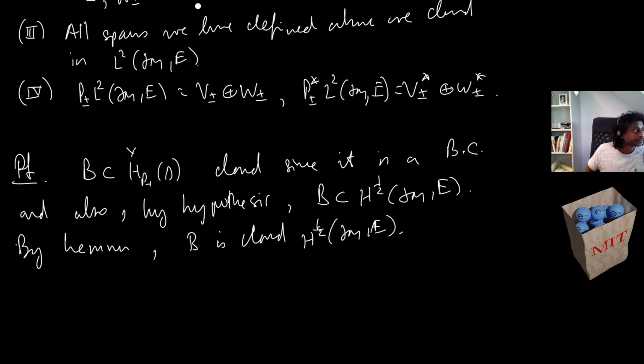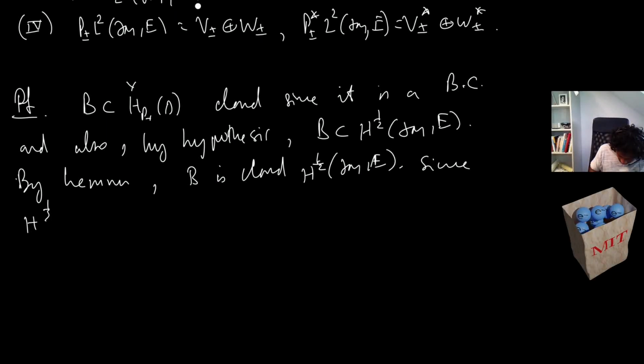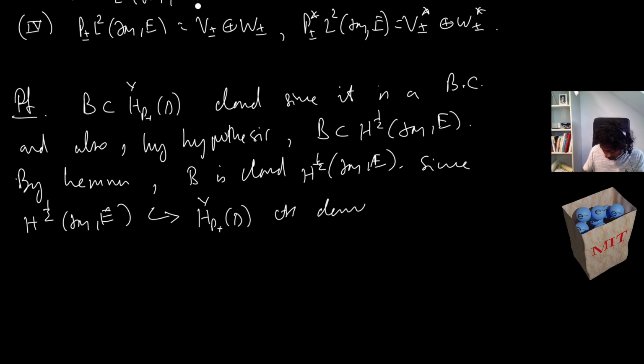Okay? Since H half ∂M is densely contained in, well, it's not only continuously embedded, but it's densely embedded in the H check space, right? Continuous dense.